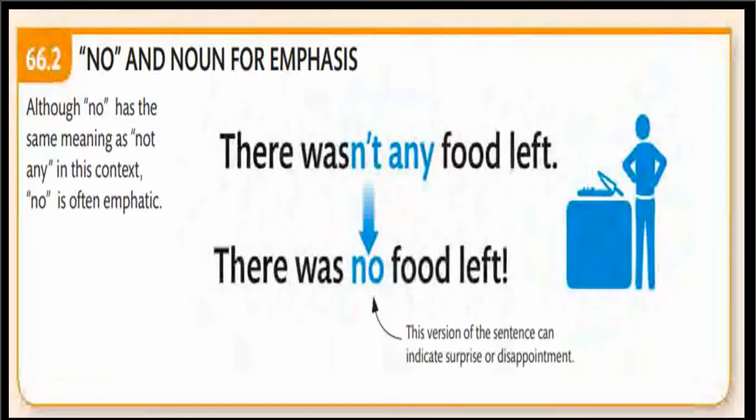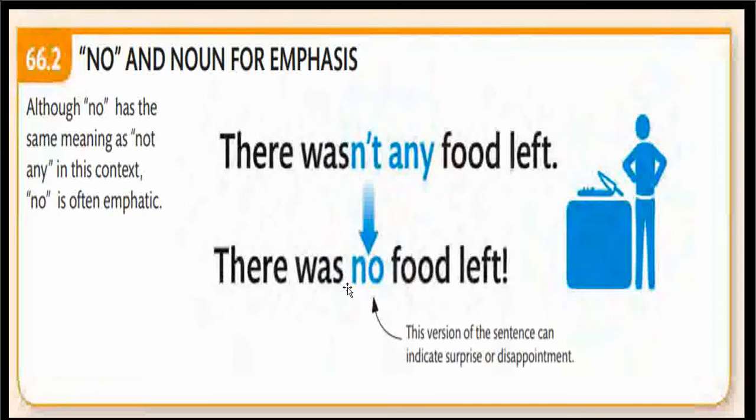The next pointer that we have is no and noun for emphasis. Although no has the same meaning as not any in this context, no is often emphatic. Emphatic means to make it very clear and more precise and with stress. There wasn't any food left.